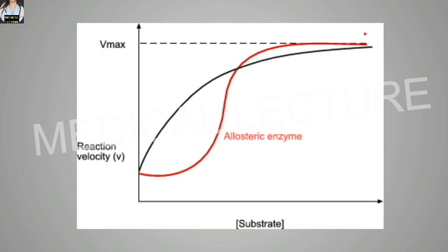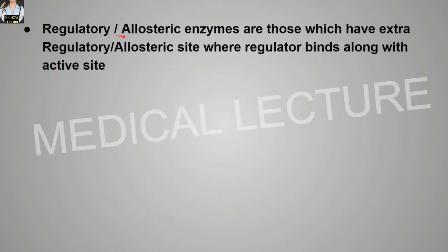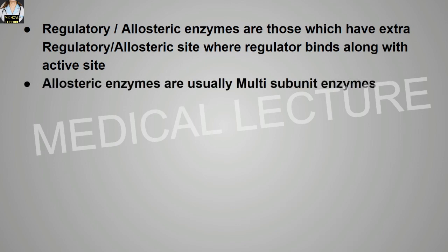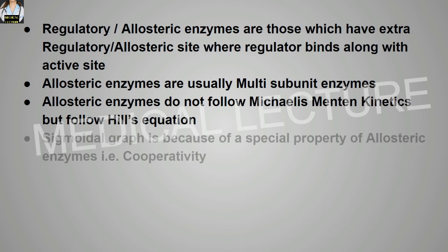Now, what are allosteric enzymes? Regulatory or allosteric enzymes are those which have an extra regulatory or allosteric site where the regulator binds, along with the active site. Allosteric enzymes are usually multi-subunit enzymes. They do not follow Michaelis-Menten kinetics, but they do follow Hill's equation.